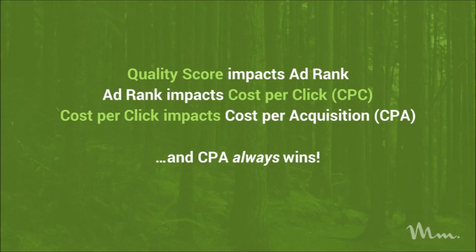But crucially, your cost per click is what impacts your cost per acquisition. And at the end of the day, your cost per acquisition always wins. Yes, we should care about quality score, but ultimately, regardless of what anyone says, CPA wins. And ultimately is what makes your business either work with AdWords or not.